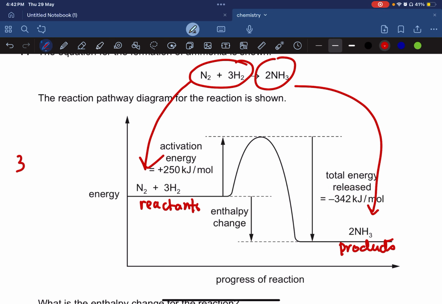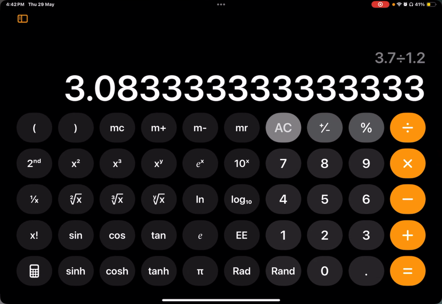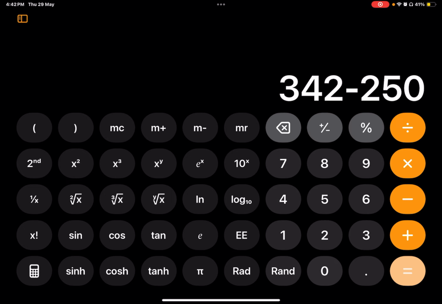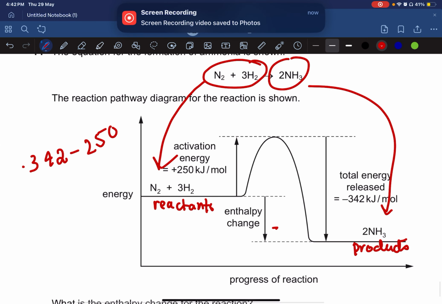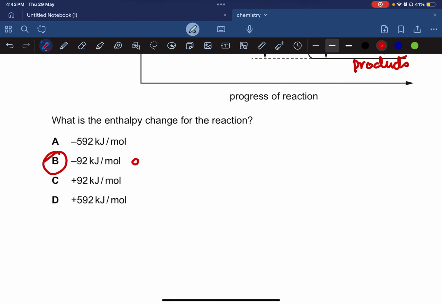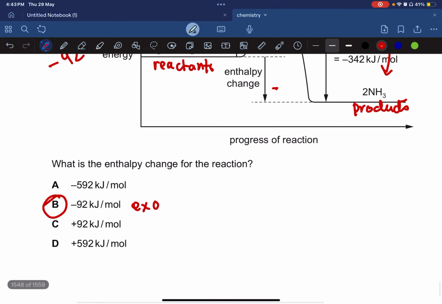So 342 minus 250, you know at the end it's going to be a negative one. 342 minus 250 gives us 92. So it's going to be a negative 92. Why negative? Because exothermic, and I guess the rest was easy enough.